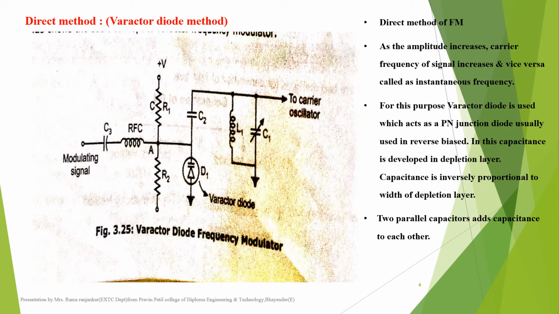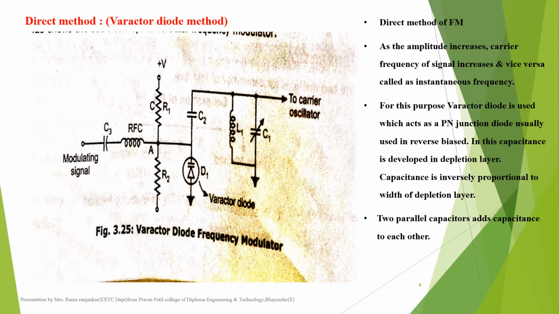Another method is the varactor diode method. Again, it is a direct method of FM. Here, instead of a transistorized circuit, we use a varactor diode. In this method, as the amplitude increases, the carrier frequency of the signal increases and vice versa, so it is called instantaneous frequency.